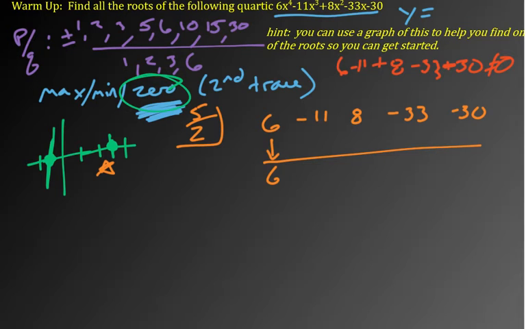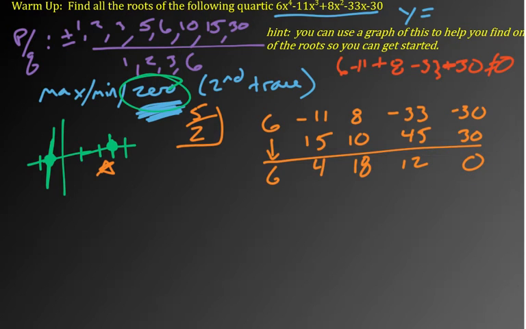I'm just going to put down the numbers you should get. And you'll notice you get a 0 again, which makes sense because we know this is a root, so if we're dividing by the factor x minus 5 halves, then we should get a nice, perfect, no remainder situation.